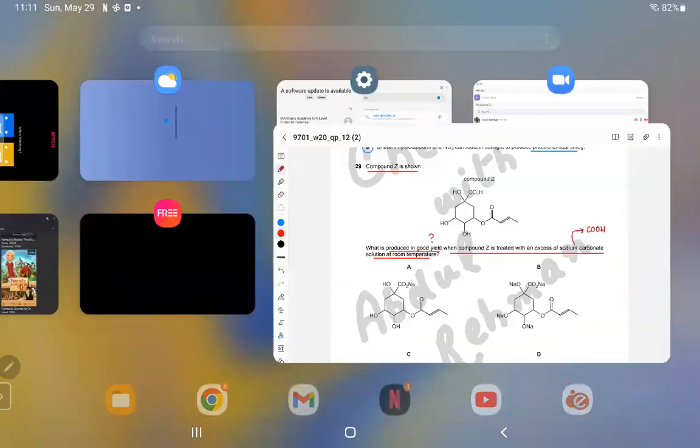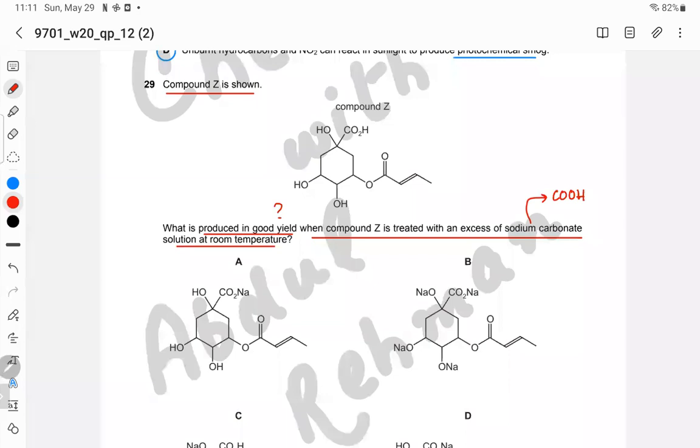If we talk about the organic compounds, it means that when it reacts with sodium carbonate, only the acid part, the carboxylic acid group part, will be affected. So we will get this molecule. The whole thing remains the same. We have OH everywhere on 3 positions.